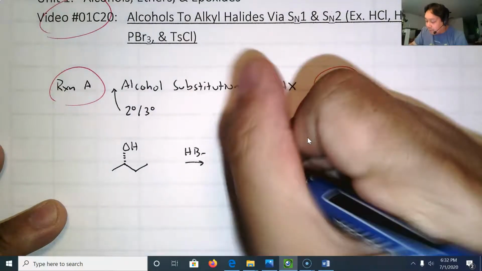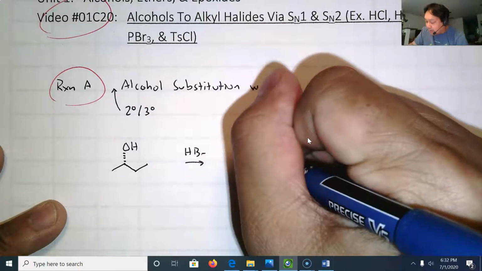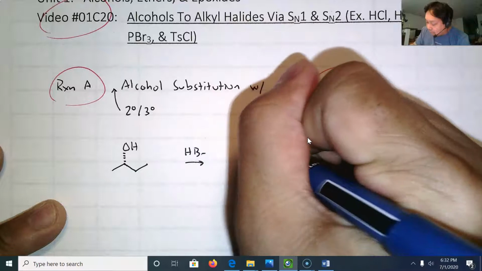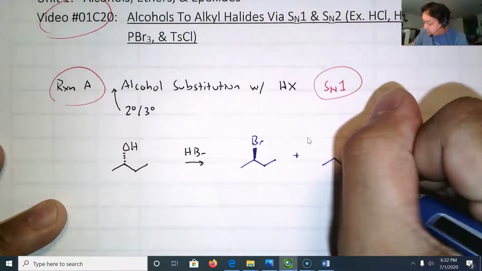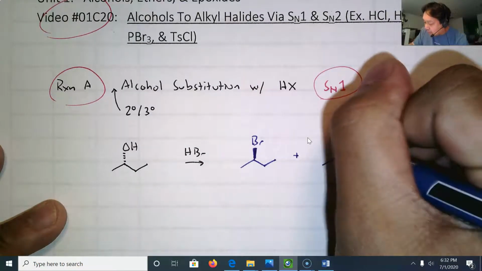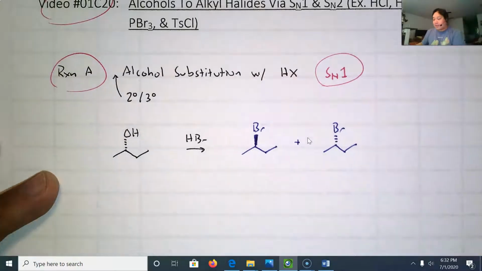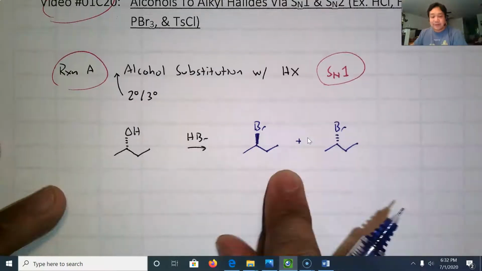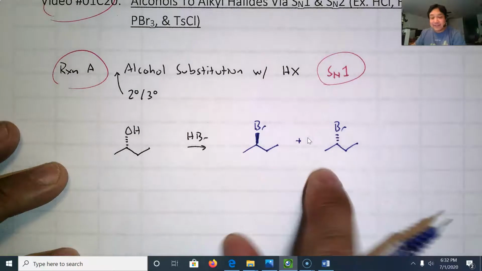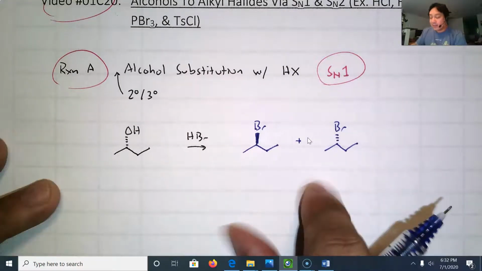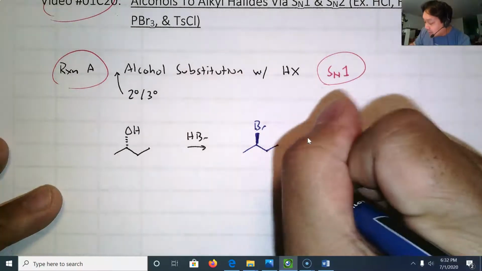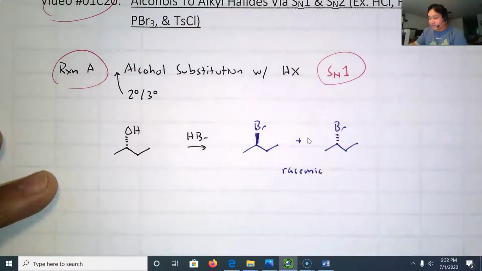Substitute the OH for a Br, but the Br can come from the front or the back. I'll explain this when we look at the mechanism. But you know what this is called, right? When you have a 50-50 mixture of enantiomers, remember the term racemic? Racemic mixture.